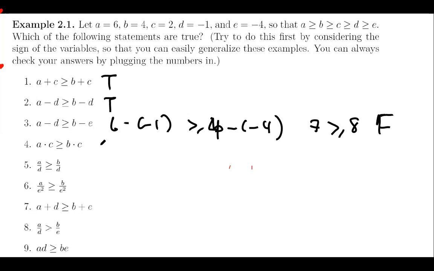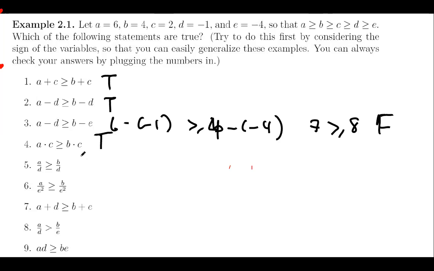Okay, and then let's take a look at number 4 now. Since we're multiplying by a constant that is non-negative, C equals 2, this one is true.